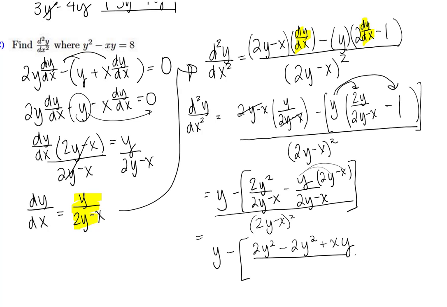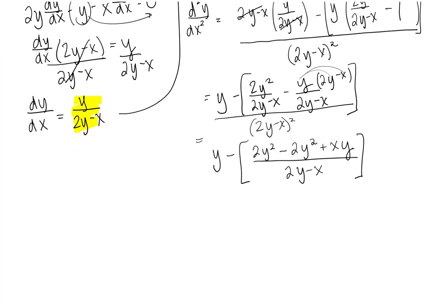And that is all going to be over 2y minus x. Now we can probably see where this is going. We're going to need a common denominator, and I'm going to get the numerator all combined to be one term. So I'm just still working with the numerator. I still know that 2y minus x squared is down there in the denominator. So I'm going to multiply this guy by 2y minus x over 2y minus x.